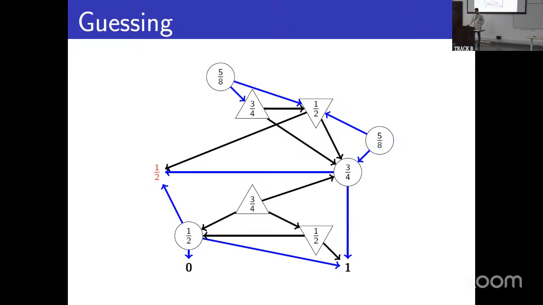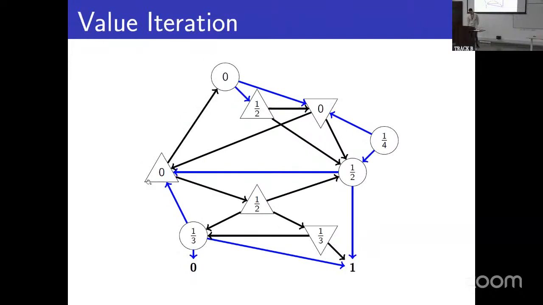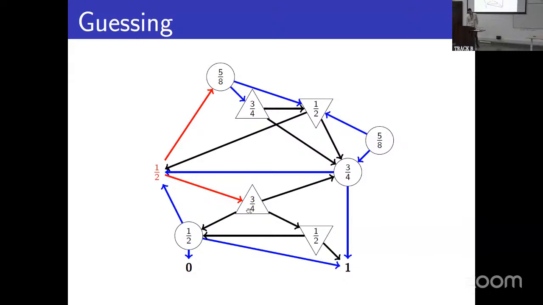We will look at what happens if we update this guy, the one. Before, it was a maximizer vertex, right? It was a maximizer, so he chooses the maximum of these two vertices, and we know that at least one of them is above 1/2, right?